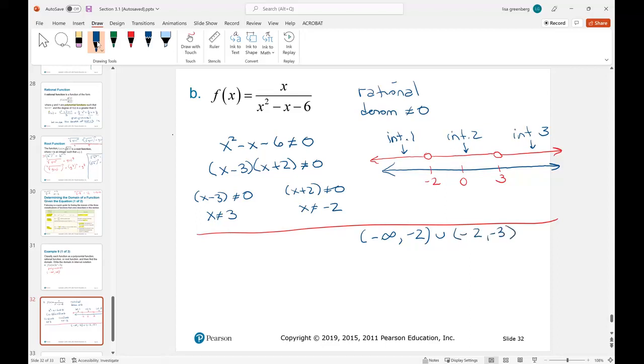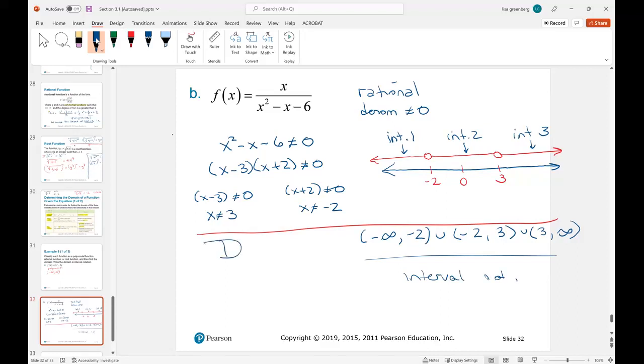And it doesn't include any of those numbers, right? So -2 and +3 are not included. Union, and then I start at 3 and I go to infinity. And that's the answer in interval notation for the domain.